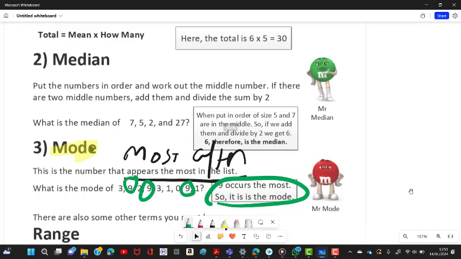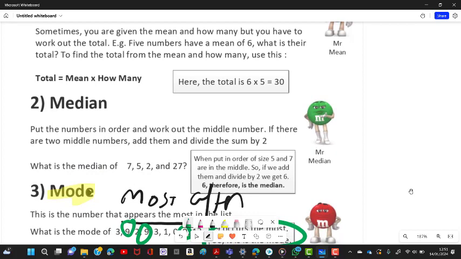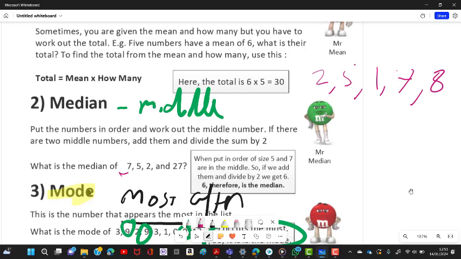The next one we're going to cover is median. Median sounds like middle. So you put the numbers in size order, and then you find the middle number. Most kids forget to put it in size order. So let's just do this one here: 2, 5, 1, 7, 8.